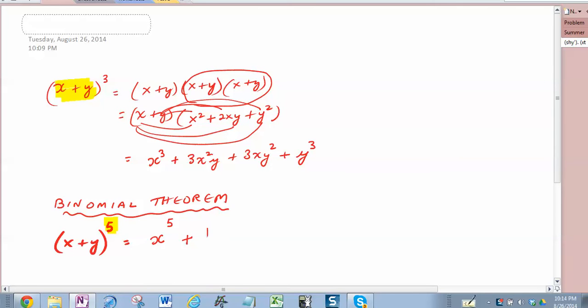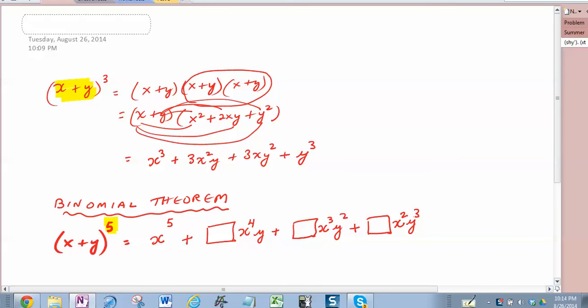Then I have some number which I don't know quite at this moment. It's a coefficient that multiplies this, x to the 4th y, and then another number that I'm going to think about in just a minute, and that multiplies x cubed y squared, plus the next mystery number, which is in fact called a coefficient, and that multiplies x squared y cubed.